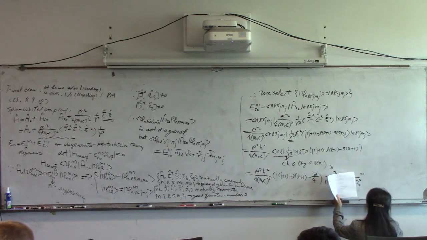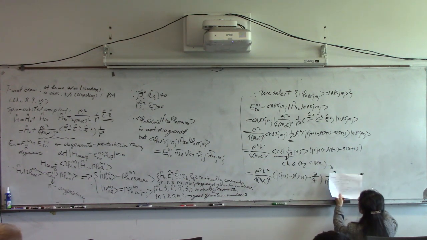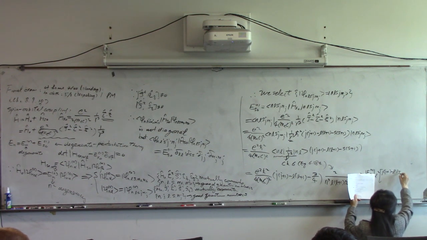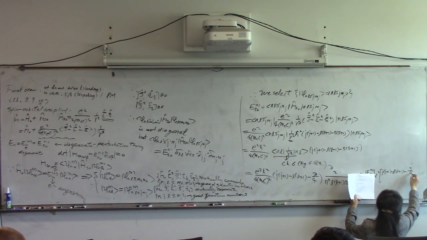Okay. To save time, I just get the final. I think this is just easier for you if you know each definition. So the J plus 1 minus L plus 1 minus 3 over 4 divided by L plus 1, 2L plus 1.